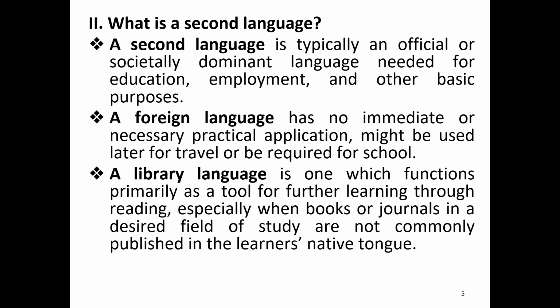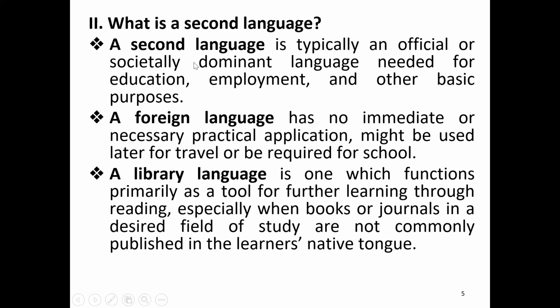Okay, in our Roman number 1, we were looking at what second language acquisition is. And in this Roman number 2, we define the different terminology used in second language acquisition, which includes second language, foreign language, and auxiliary language.